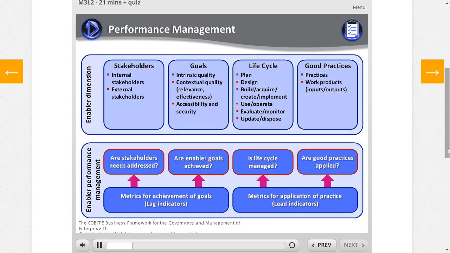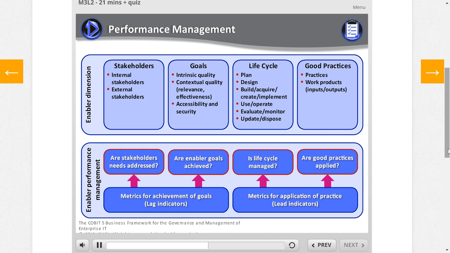The diagram on your screen illustrates the 4 aspects of process performance that need to be managed. These can be expressed as 4 questions. Are stakeholder needs addressed? The IT-related goals supported by the process will suggest some metrics. Are enabler goals achieved? The process descriptions describe process goals and suggest metrics.